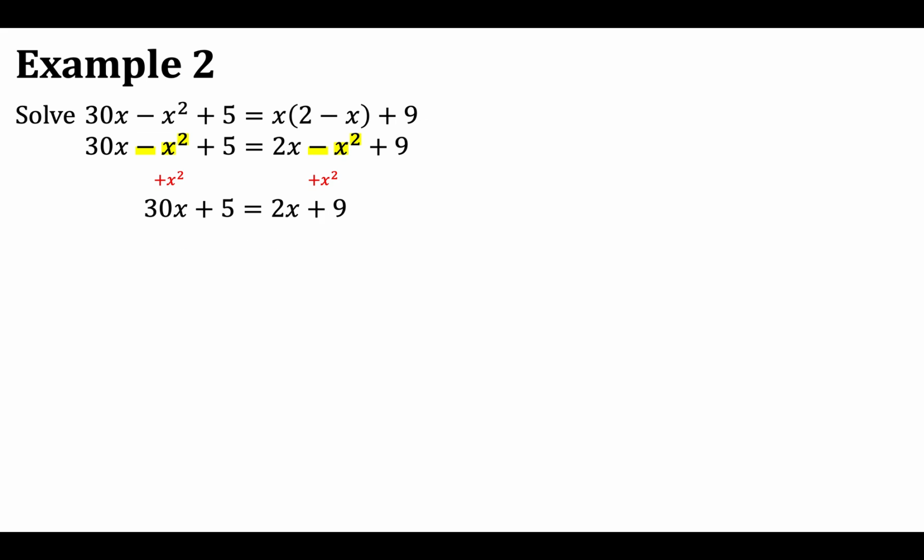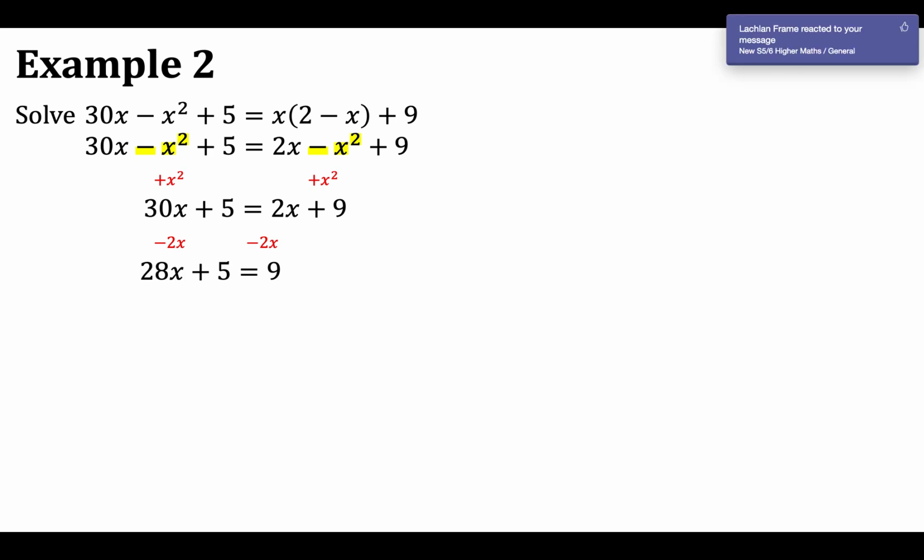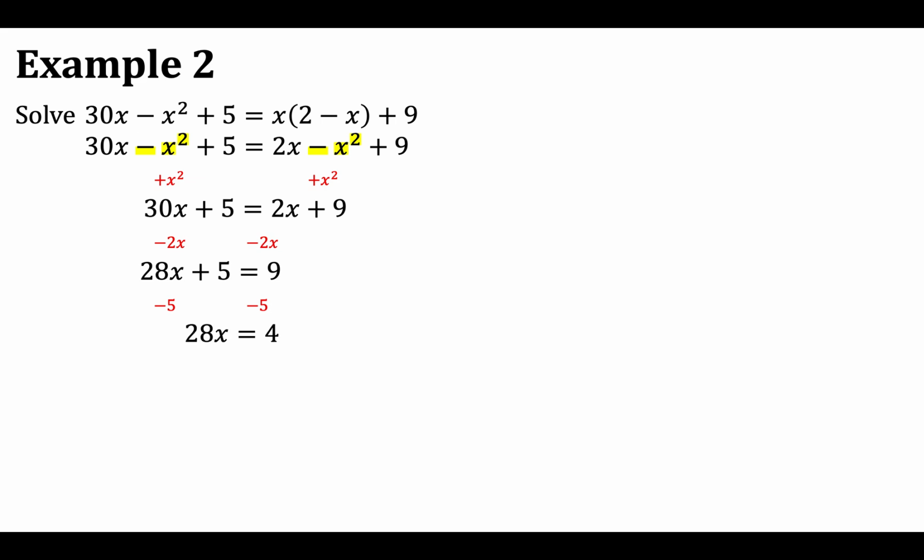Next, I could subtract my 2x from both sides, and that will leave me with 28x plus 5 is equal to 9. Then I can subtract 5 from both sides, leaving me with 28x is equal to 4.